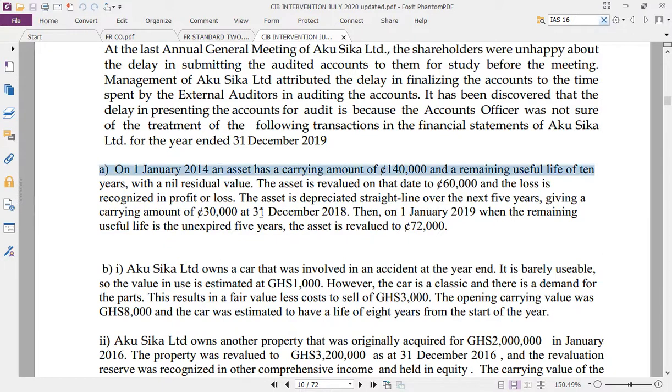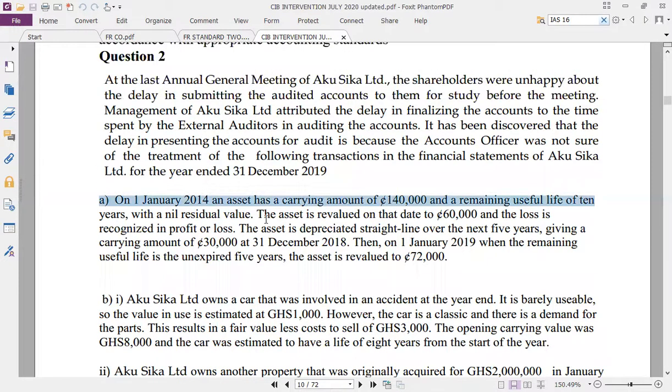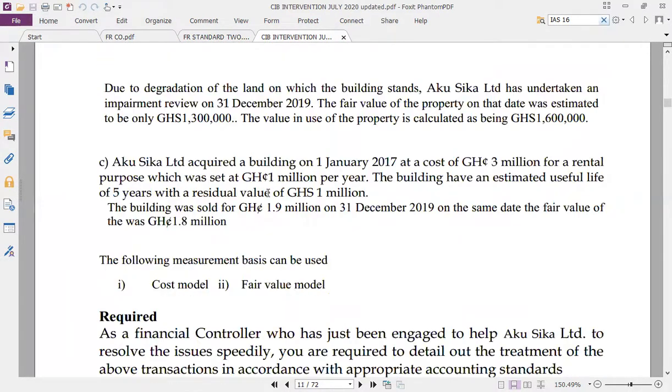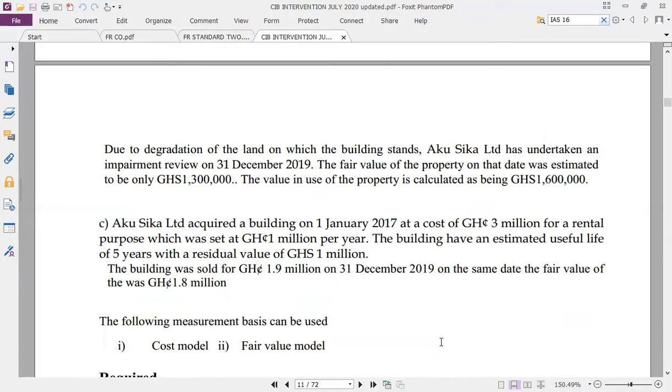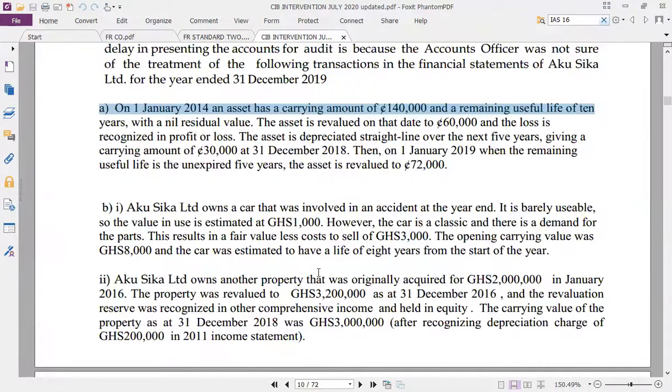We are doing the A. In fact, the requirement is as for the above: as a financial controller who has just been appointed or engaged to help Akuska Limited resolve these issues speedily, you are required to detail out the treatment of the above transaction in accordance with appropriate accounting standards. So A, let's go to A.